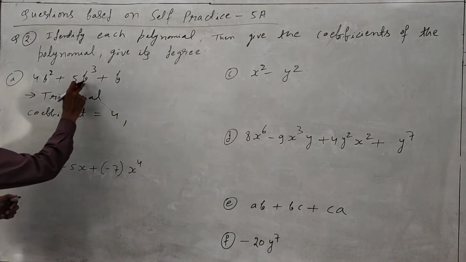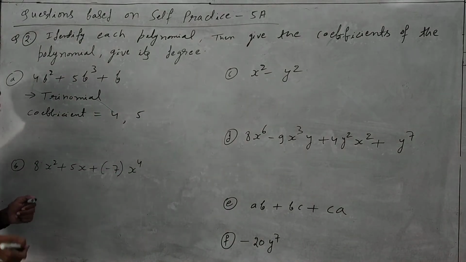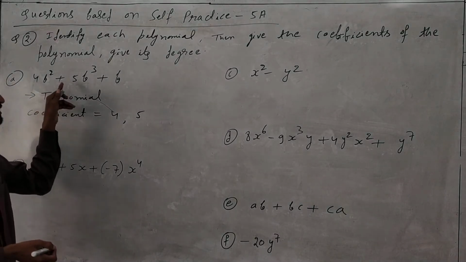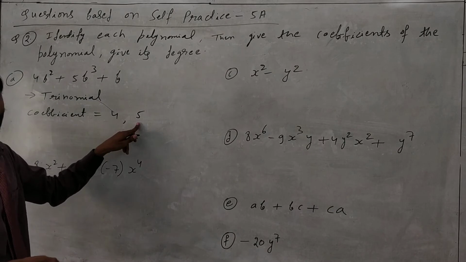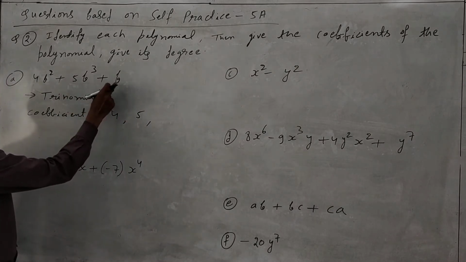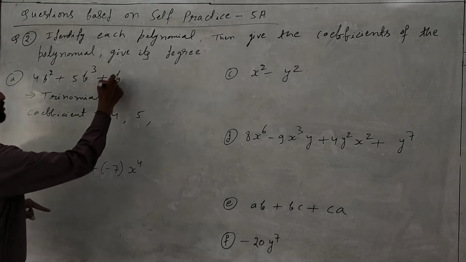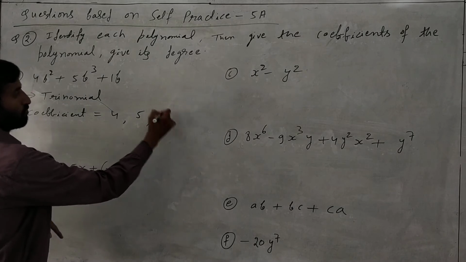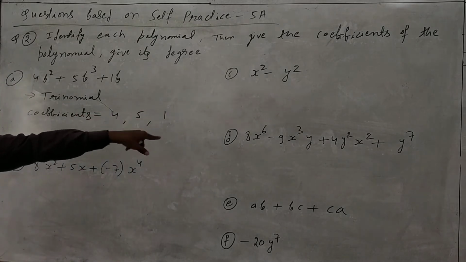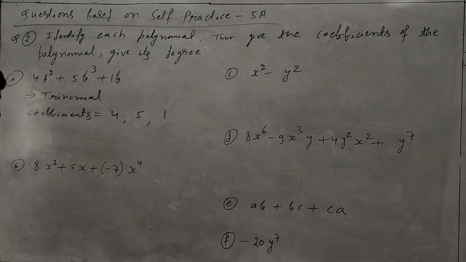Comma, the second term is multiplied by 5, so you write 5. If a minus sign is there, then we also write minus 5, but here plus 5 is given, so write only 5, no need to write plus. After that the third term, only b is written, meaning no number is given, so it should be 1. Just write 1 here. So the coefficients are 4, 5, 1: 3 terms are there, so 3 different coefficients are given.